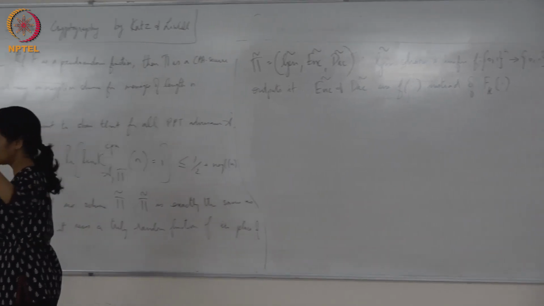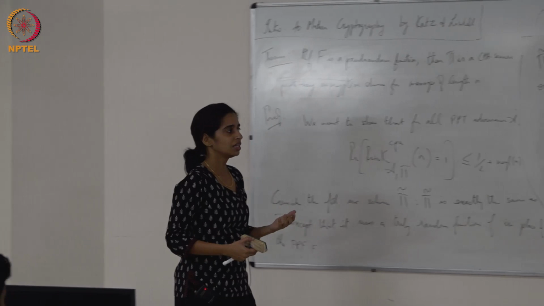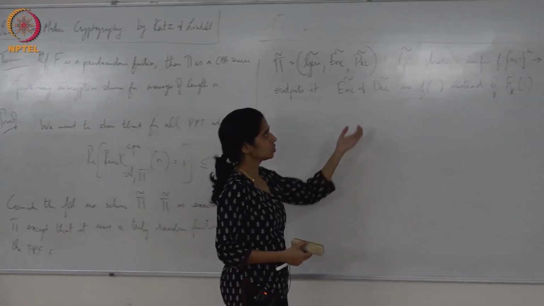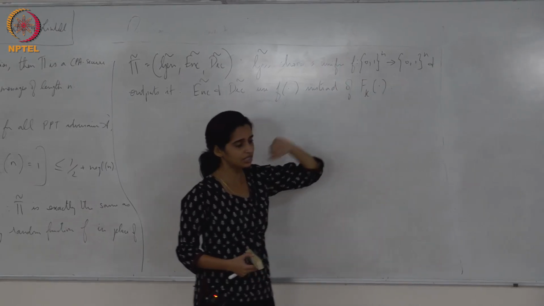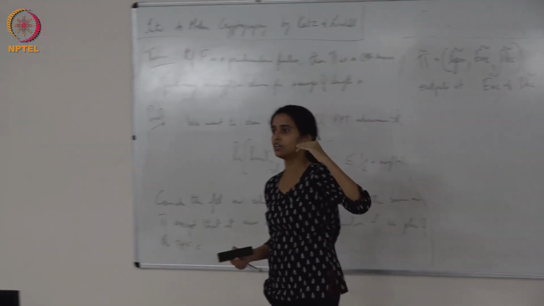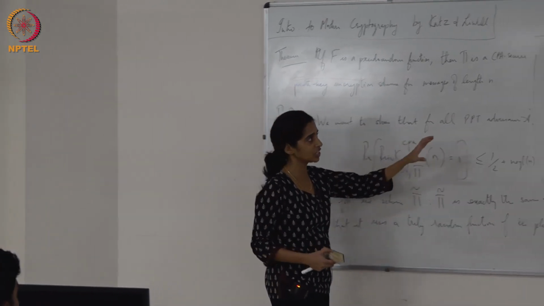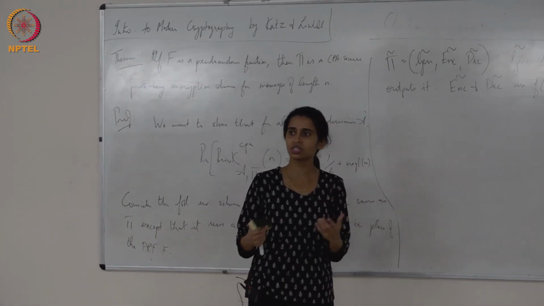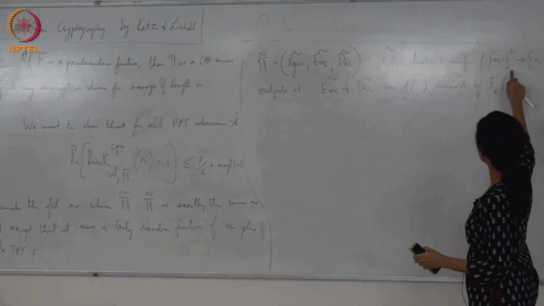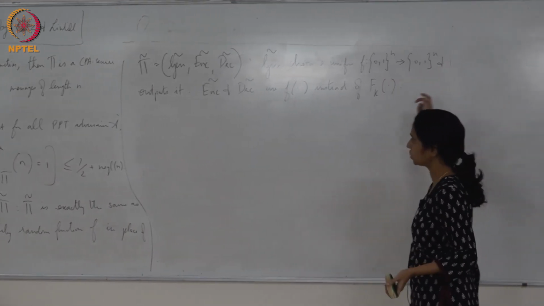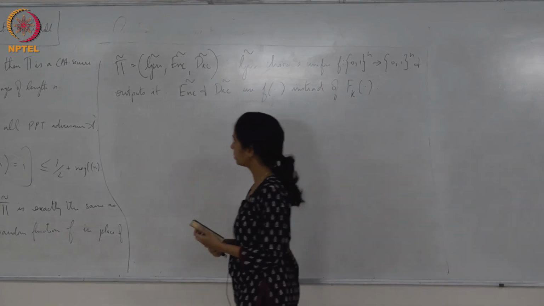We have discussed that all of the algorithms we consider will be polynomial in the security parameter, whereas this is not. We are using pi tilde only for the purposes of the proof, so it's not actually an encryption scheme that we can use, but it's well defined for the proof. Even though the key length is exponential, it is fine for our argument.